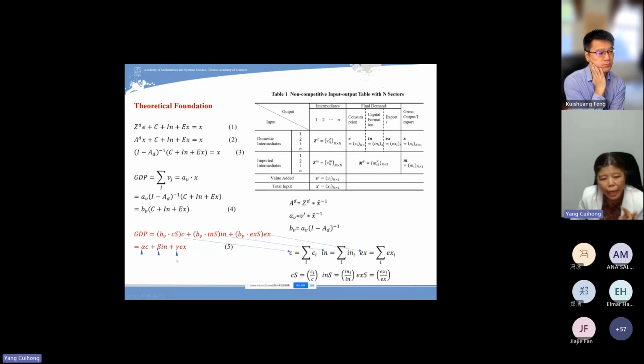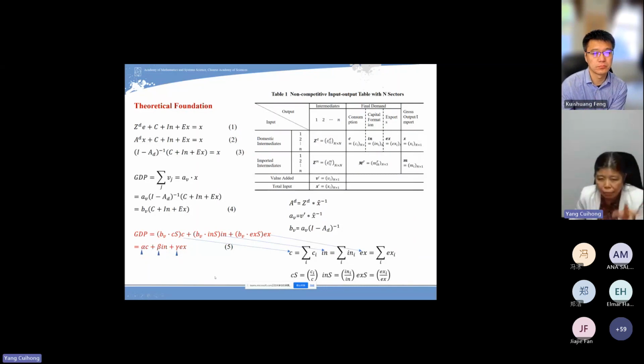Actually, we would like to capture the evolution of gamma. If gamma, the total value added coefficient of export, decreases, and at the same time export increases, we would judge that this economy may be the destination of processing export. So we would like to capture the evolution of gamma.